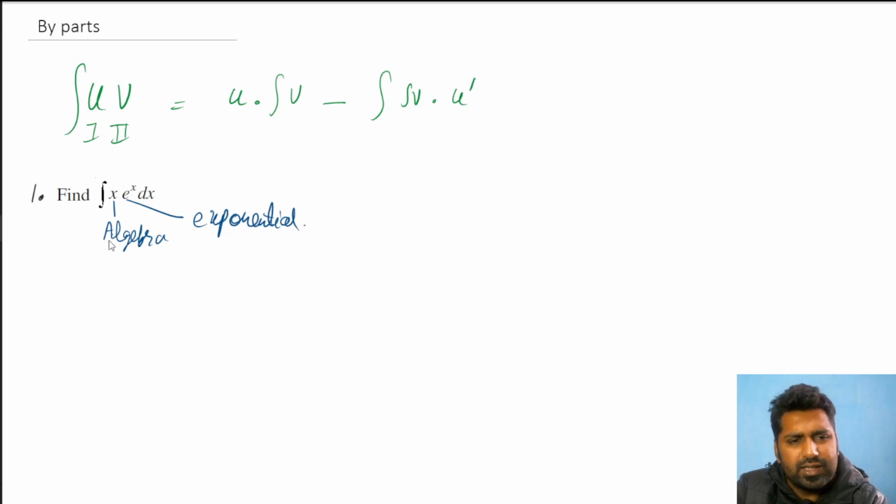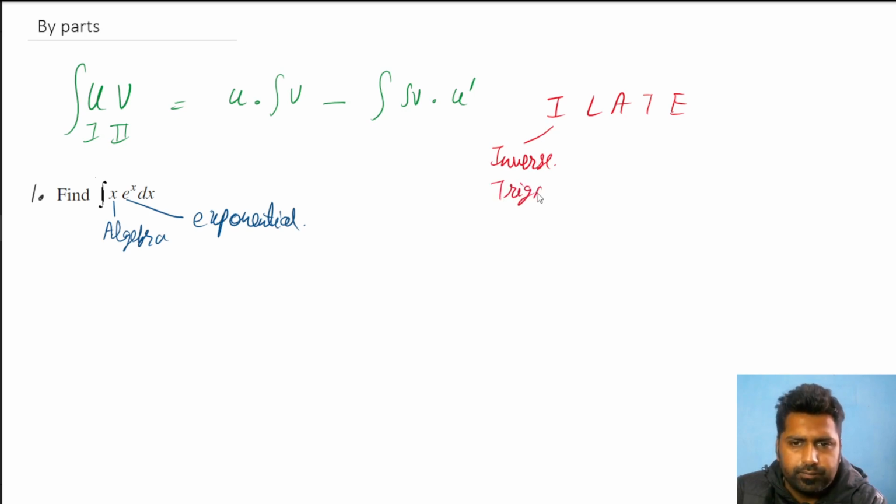So you have to take something as the first function, something as the second function. There is a priority order that you need to follow. It's called ILATE. Means what will be your first function? This is the priority list. First is inverse functions, basically your inverse trigo.